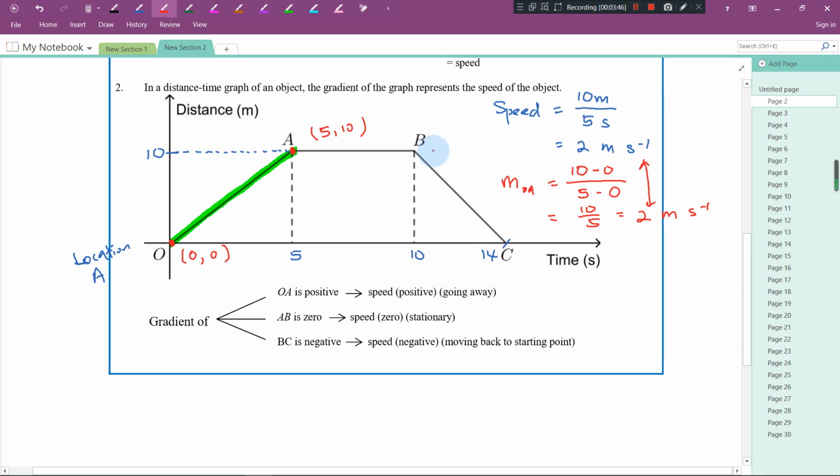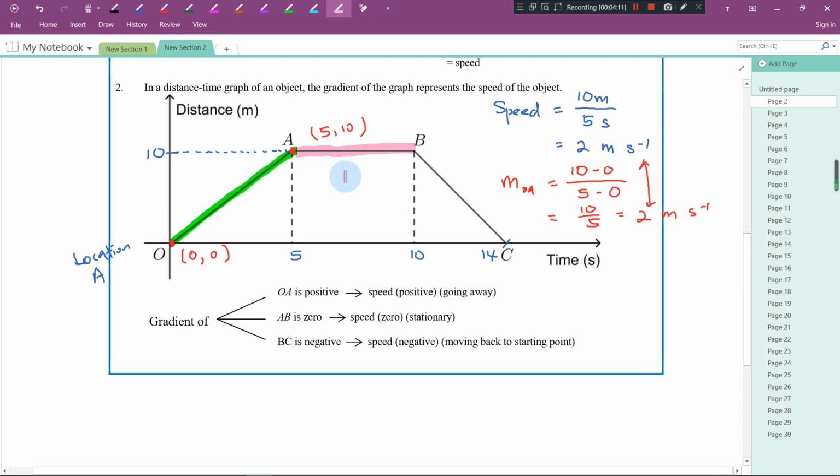But you have to be careful when you get a negative gradient. Now the object starts to move further from point A until here. You will notice that within this period, this part, the distance from location A remains unchanged, right? What does this mean?